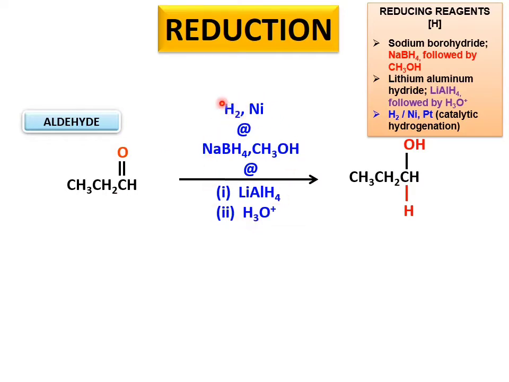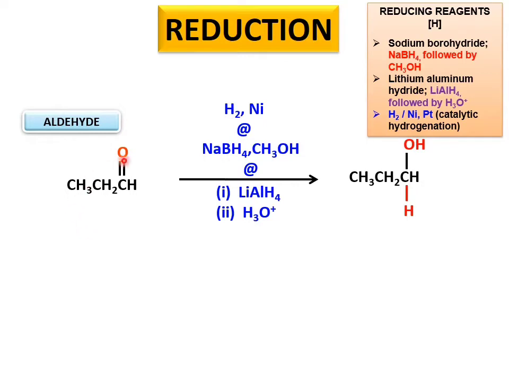Either you use hydrogen with nickel, sodium borohydride with methanol, ataupun by using hydrolysis. Okay, ataupun you boleh guna lithium aluminium hydride. Kalau lithium aluminium hydride, you kena guna nombor 1 Roman, 2 Roman ni wajib tulis. Normally lithium aluminium hydride adalah strong reducing agent compared to sodium borohydride.